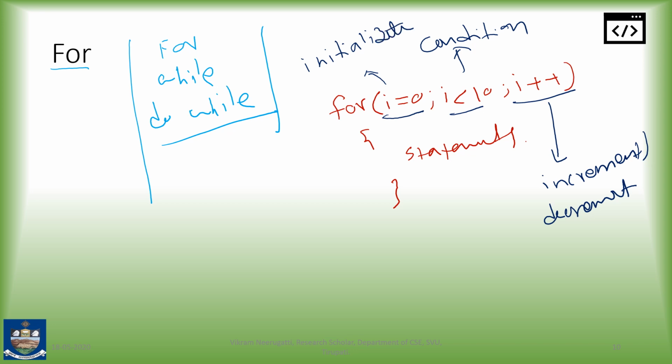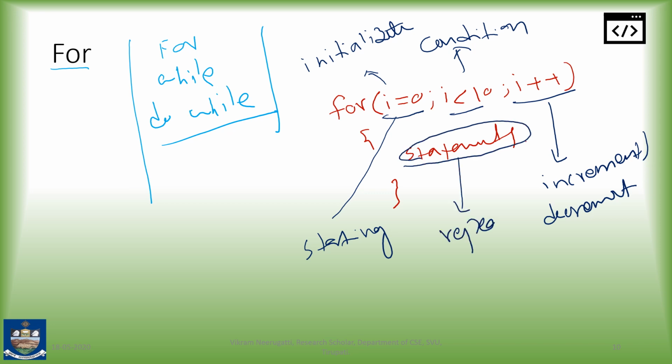Initialization means we are starting here. When we need to stop executing these statements repeatedly, these are the statements we will execute repeatedly, the same statement one after another. From i equal to 0 till i less than 10, till 9, this may be called the stop condition. This is a starting point and a stopping point.